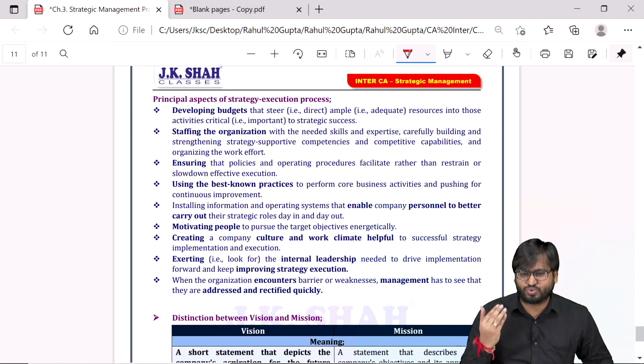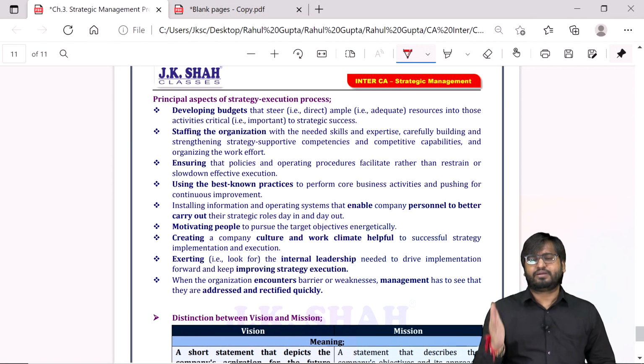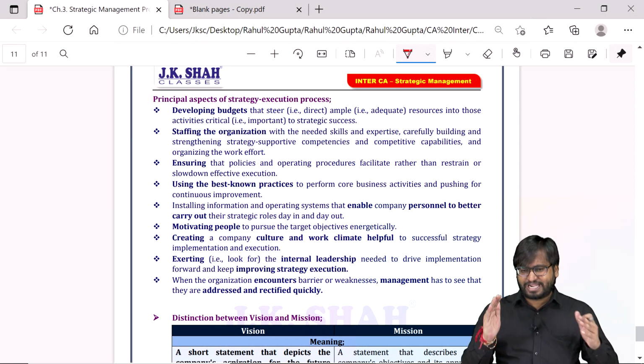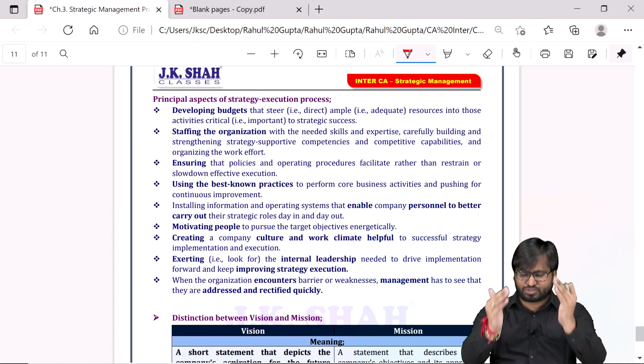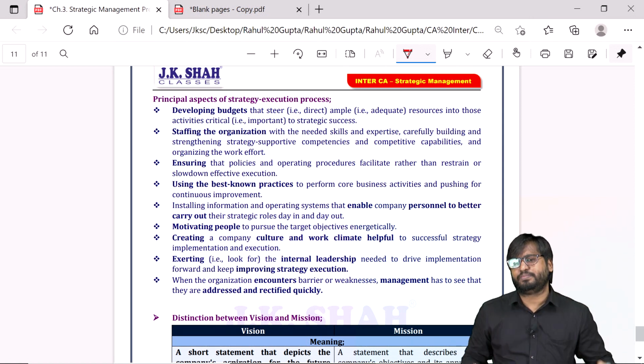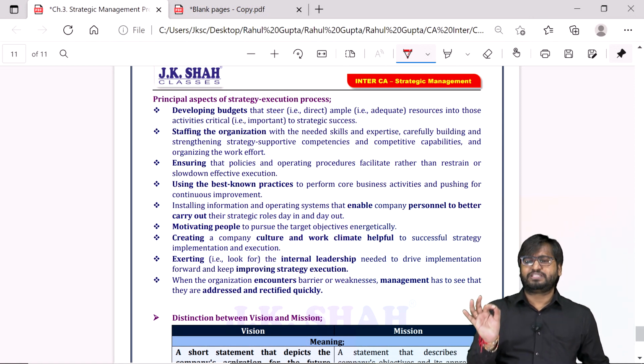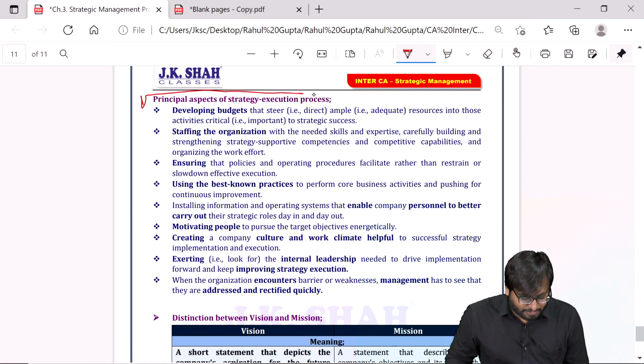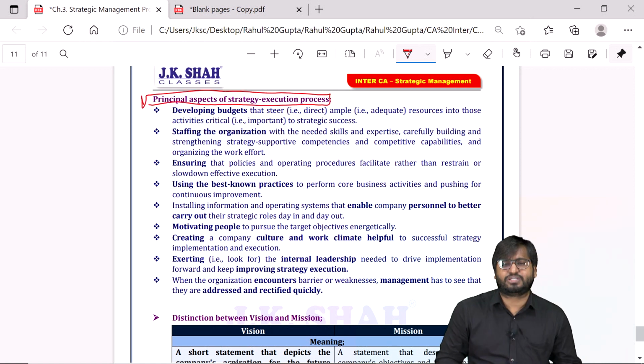If you want to execute your strategy, what are the points that you should be taking care of, you should be aware of, so that your implementation goes through smoothly without any problems? So, what are the points that you will take into consideration? So, this is the question. What are the principal aspects of strategy execution process?